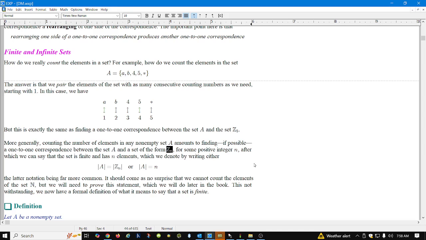And if we can do that, then we can say that the set is both finite and has n elements. So that could be written this way. This is just simply saying that there's a one-to-one correspondence between A and Zn. This is more explicit in saying that the set A has n elements or has size n.